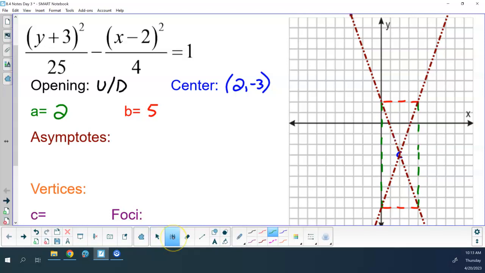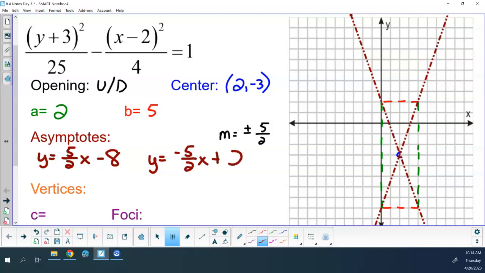While you're figuring out why these equations are so easy, I'm going to say that the slope of the 2 asymptotes are plus and minus 5/2, correct? The first equation of the asymptote is y equals 5/2 x minus 2, 4, 6, 8. The other one is y equals negative 5/2 x plus 2.